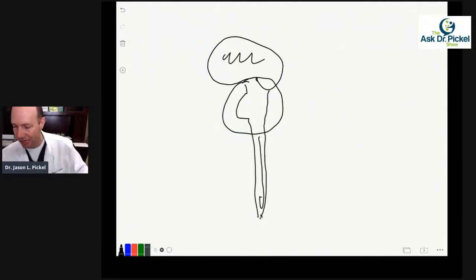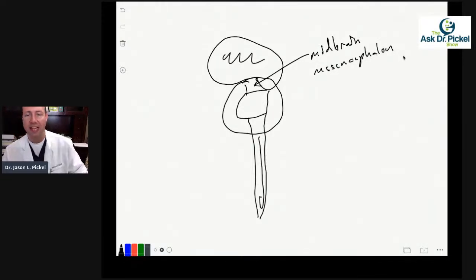The brainstem is divided into three different sections, but this top section is what we're going to talk about the most, and it's called the midbrain, or another word for that is mesencephalon. All right, you don't have to remember that. But there are some very important areas in this upper brainstem where the majority of dopamine is made. We'll get into that a little bit further, but in particular, this is an extremely important area.